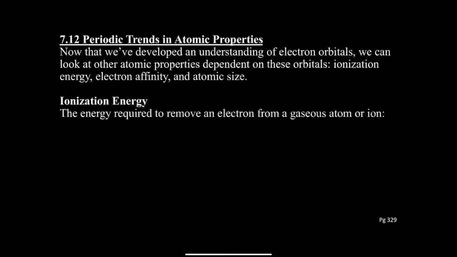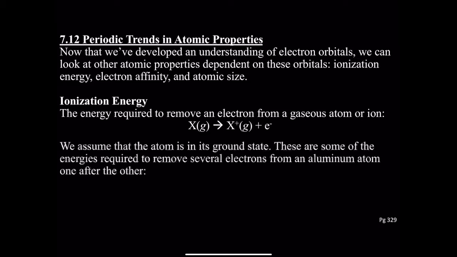So the first thing we'll look at is the ionization energy, which is the energy required to remove an electron from a gaseous atom or ion. So if we've got this gas and we remove an electron from it, that requires energy, right? We assume that the atom is always in its ground state. That's our assumption going forward in intro level chemistry.